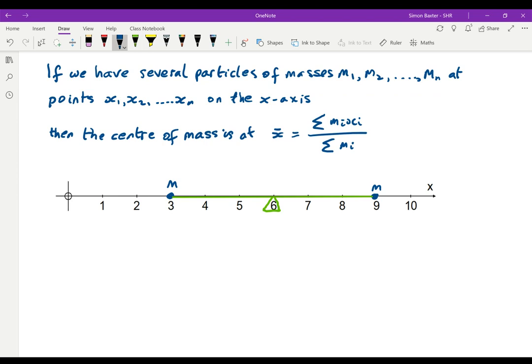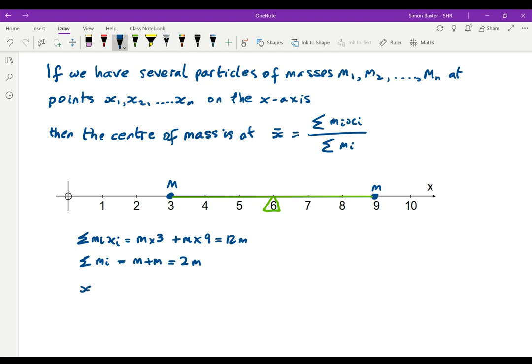Okay, let's see what happens if we use this formula. First of all, we need to work out what is sigma mi xi. That is the first mass, which we'll take as the one at 3, m times 3, plus the second mass, m times its x-coordinate, 9. That gives us 12m. Sigma mi is just add up the masses, m plus m, that is equal to 2m.